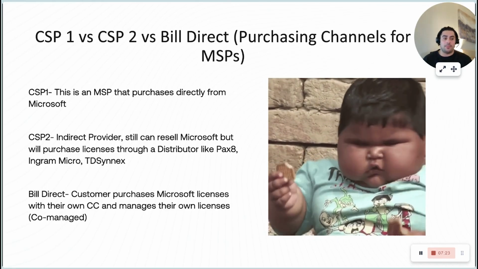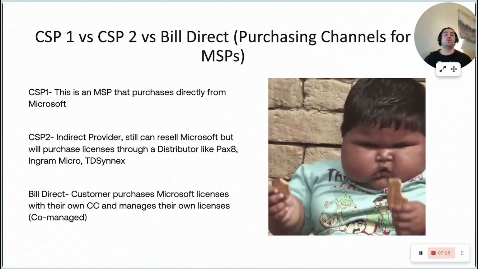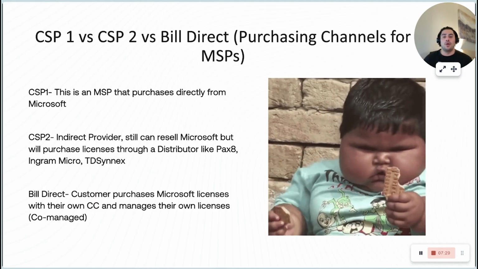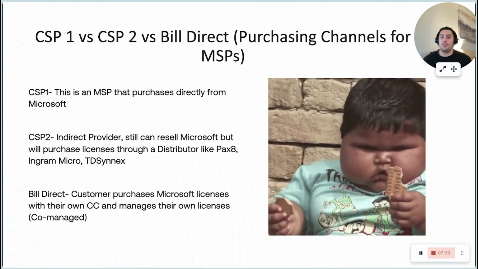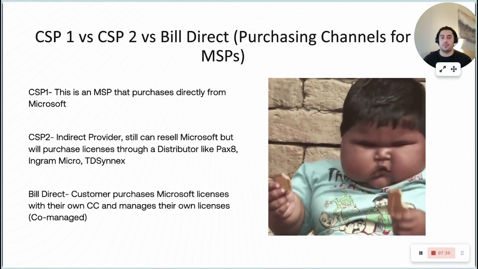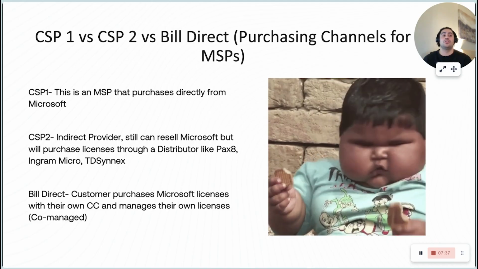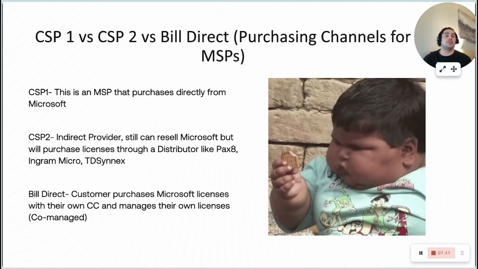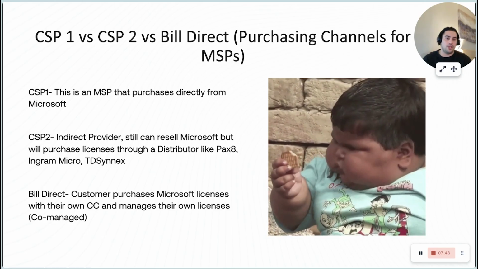What ends up happening with this is you will earn a Microsoft PDM or an account manager there. But the caveat to working as a CSP1 is you do have to have $1 million in a trailing 12-month spend with Microsoft. So that is a barrier to entry, as well as there is a support fee that you will have to pay for working with the CSP1.